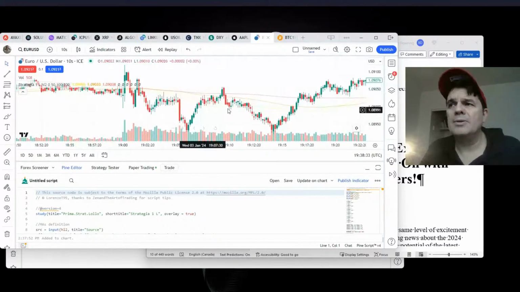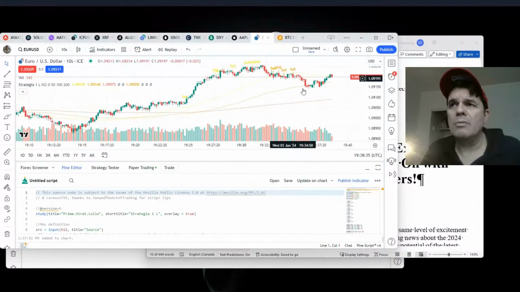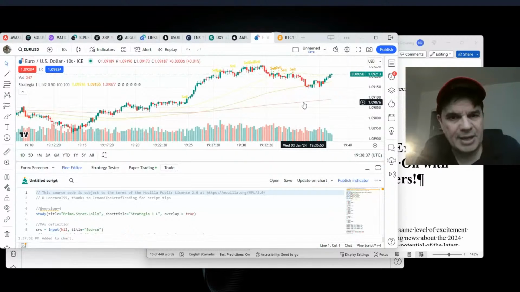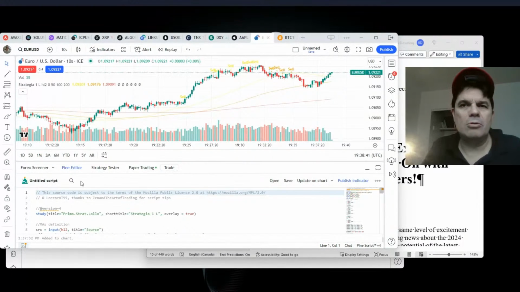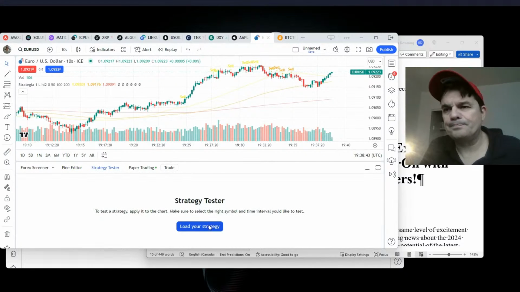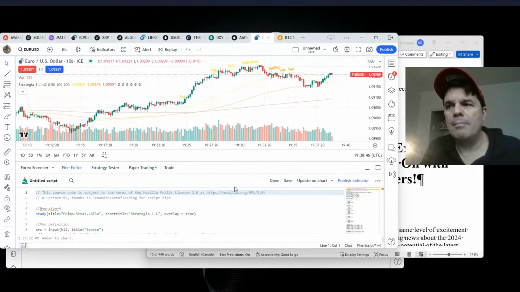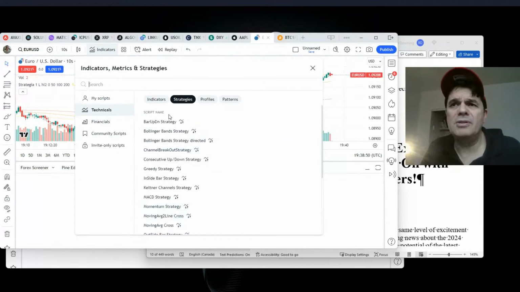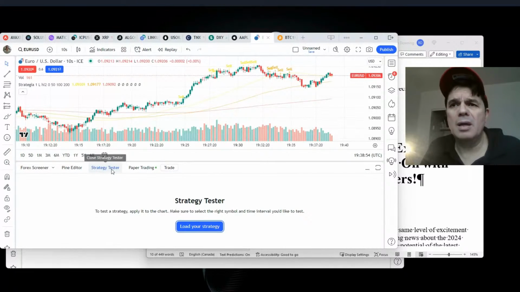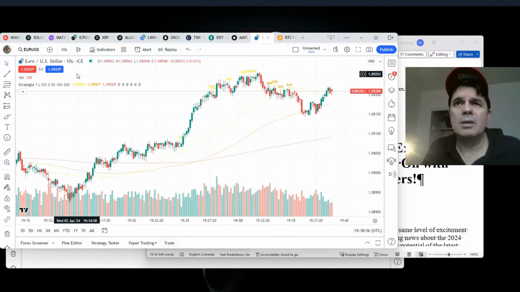Okay, so we got TradingView here with some signals to sell. Okay, so that's now a short signal. It looks pretty obvious to me, right? So let's backtest that. Pine editor, we've updated the chart. We're going to load up our strategy. I don't know, this might be a bug. I've seen this before.